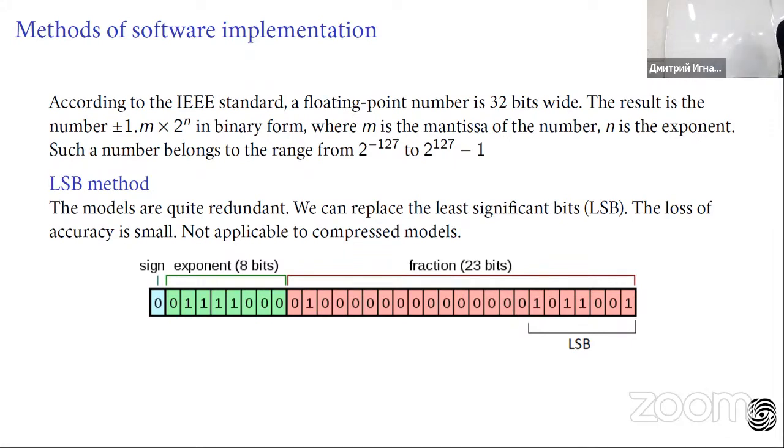We can take our malicious payload, divide it into sections, and change the last bits to the bits of these sections. So we decompose the payload and embed it into different weights.